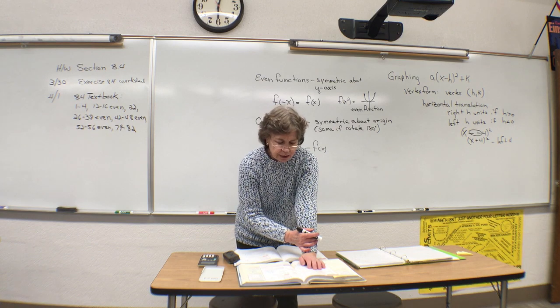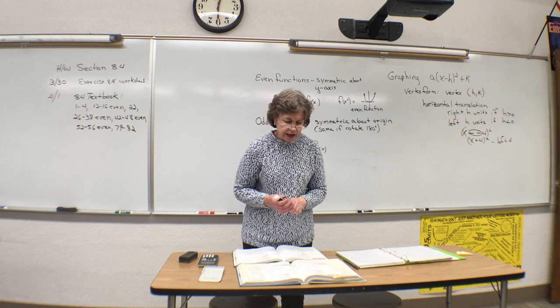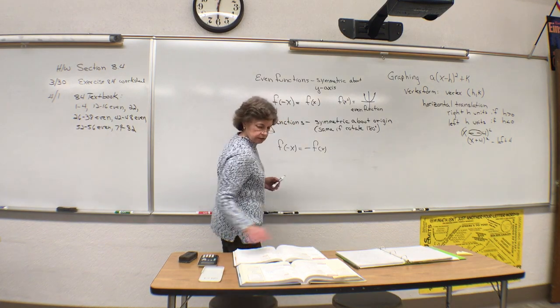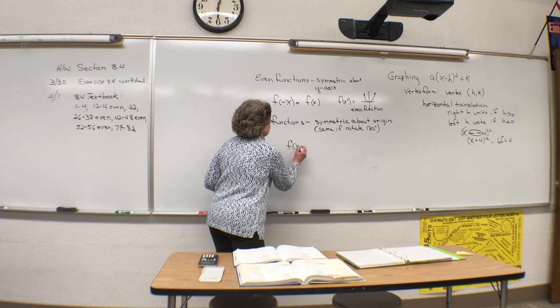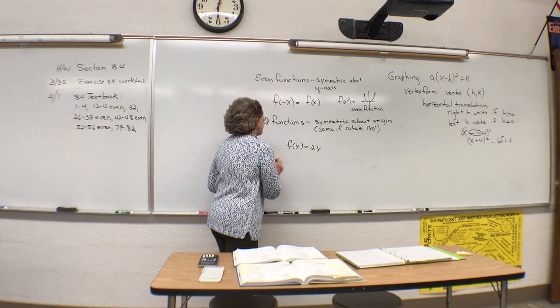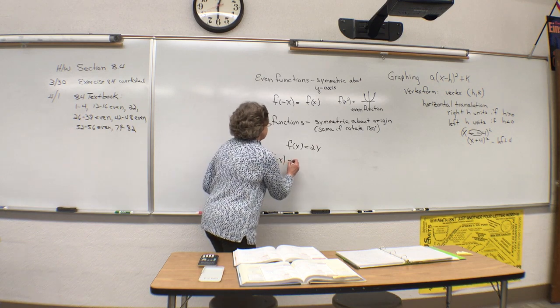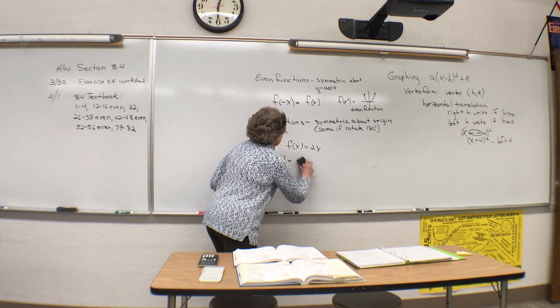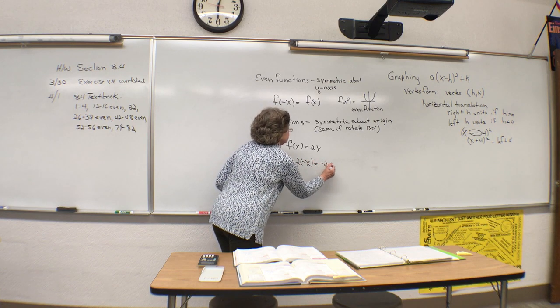If you look at example number 1, and you're determining whether it's even or odd, I'm starting with f of x equals 2x. The test is to see what happens to f of negative x. So I replace x and I end up with 2 times negative x, and that is negative 2x.